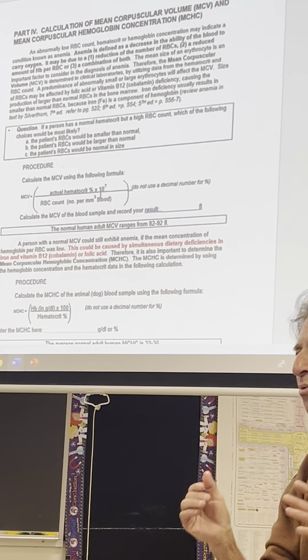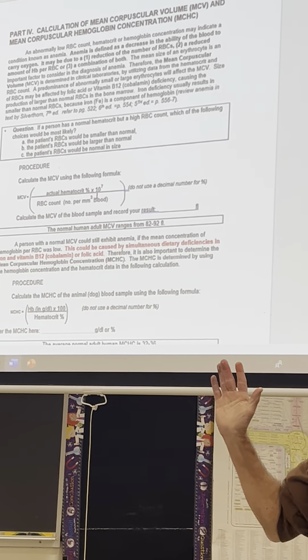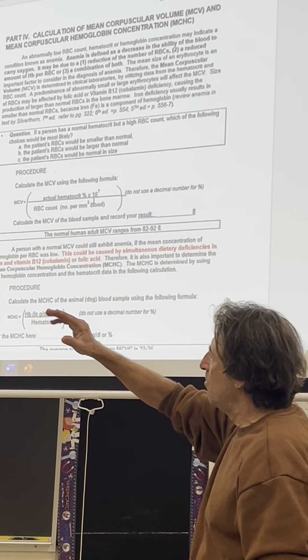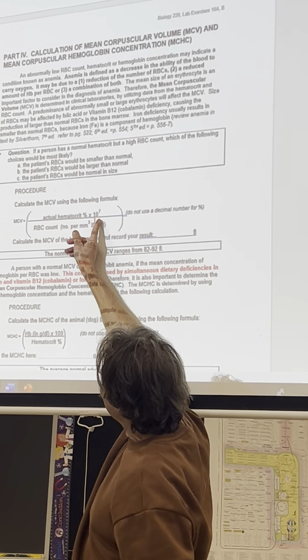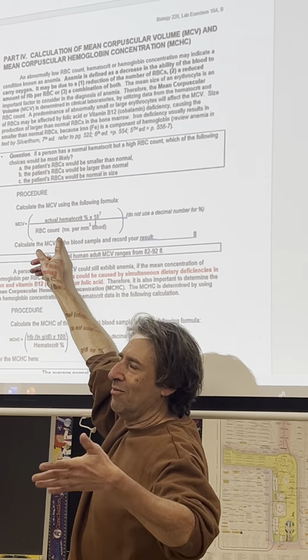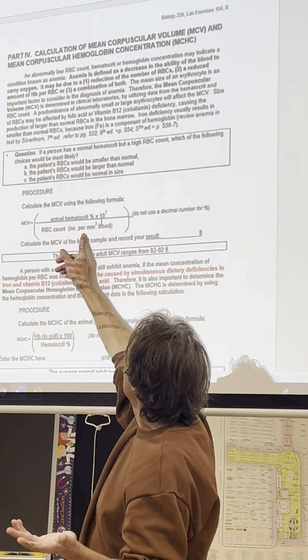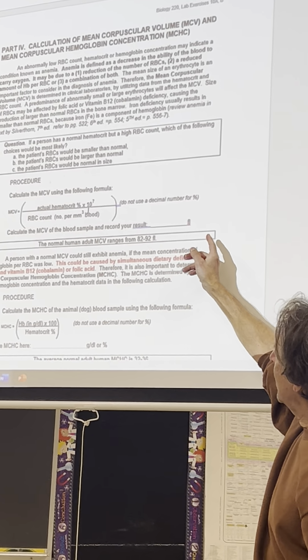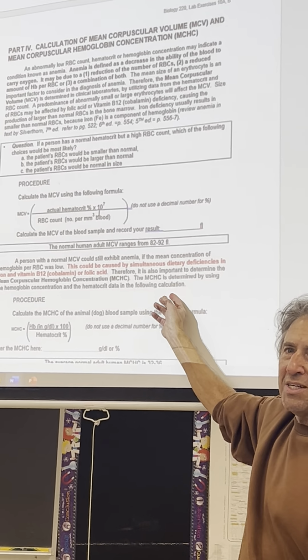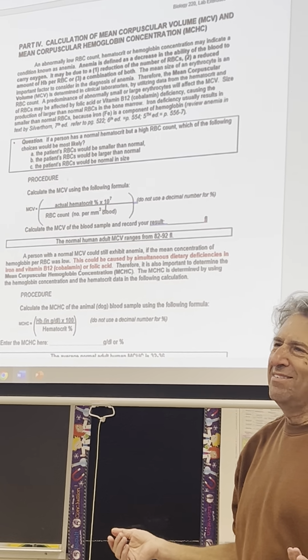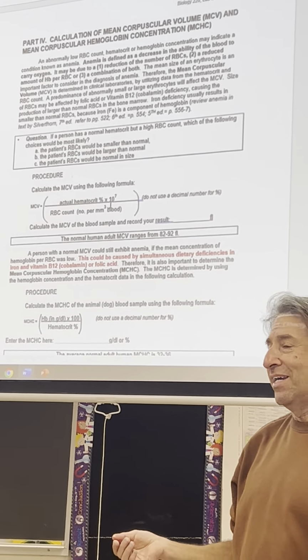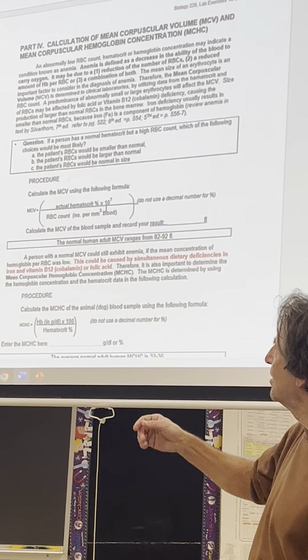You don't change it to 0.5, because that's how this equation is. If the hematocrit was 50%, you would write 50 times 10 to the 7th divided by whatever blood cell count I gave. And it will give you a value, and I will give you the value range, and if it's in between that, fine. But why make it in between? I'm going to make it too high or too low, and that comes to the next question.